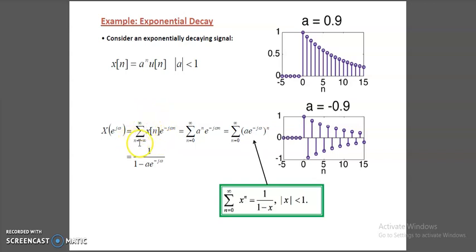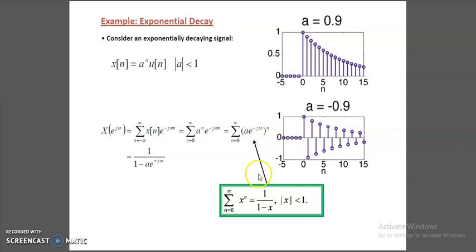So summation over n varies from minus infinity to infinity, x of n e raised to minus j omega n, where x of n is a raised to n into u of n. Then we can rewrite it as summation over n of a into e raised to minus j omega, the whole raised to n.